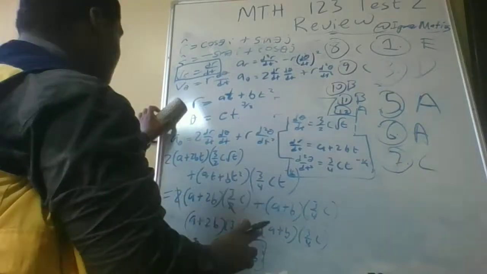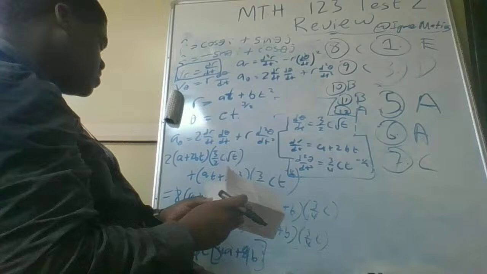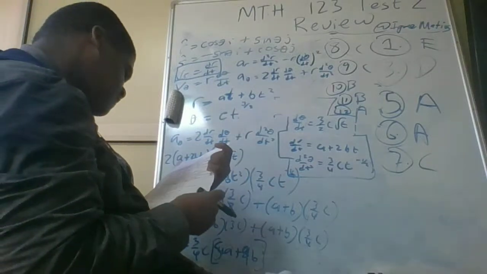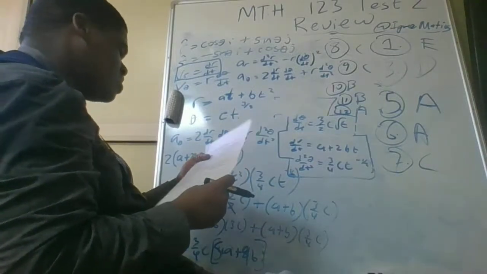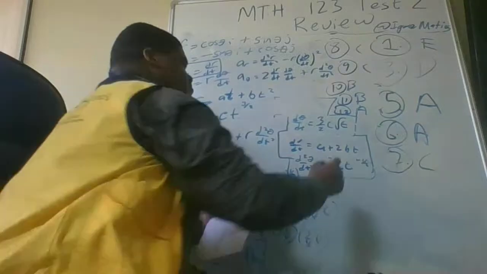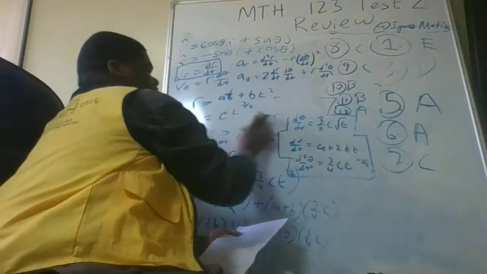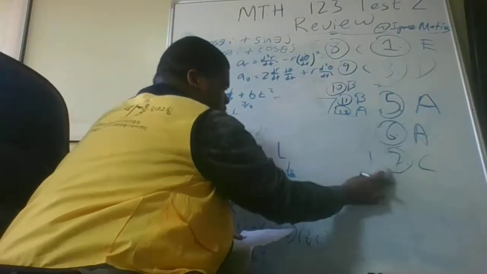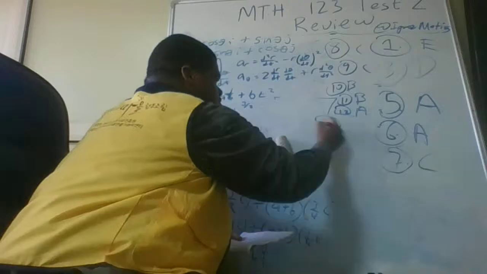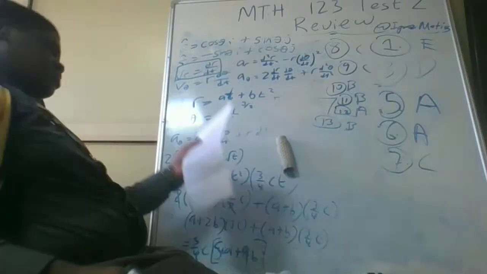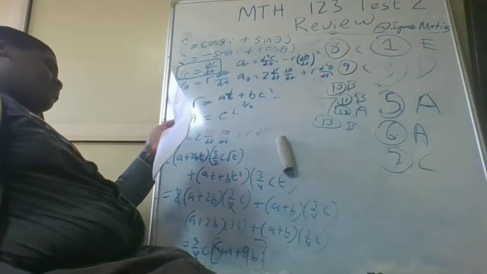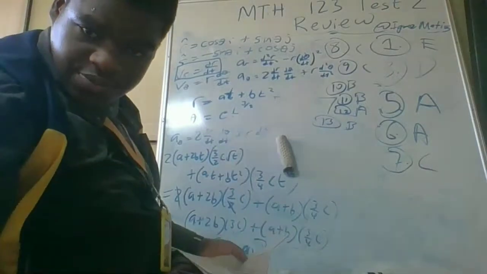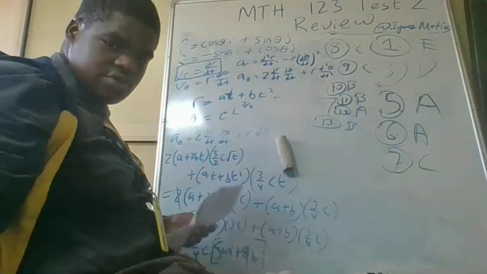So our transverse component of acceleration is going to equal 3 over 4c times 5a plus 9b, and that is option B. 13 is option B. And let's go to question 14 and question 15, the final two questions in this video.